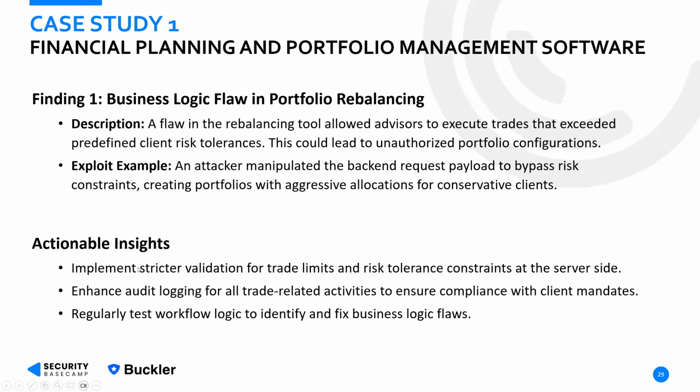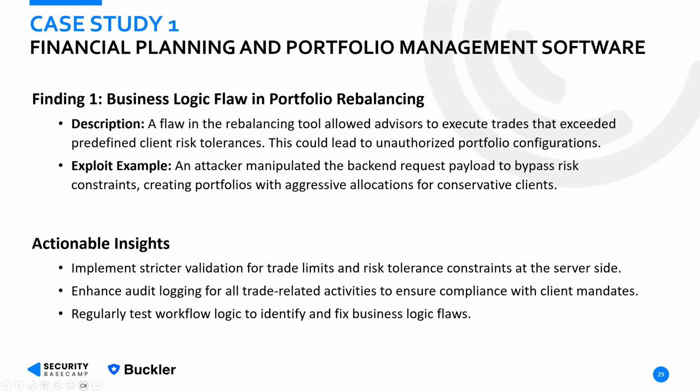So actionable insights: stricter validation for trade limits and risk tolerance constraints. We're literally truly getting into the business logic of the application and using platforms like Burp Suite Professional to do this. This is an example of a type of thing that we might discover that we could never discover with vulnerability scanning. Secondly, enhance audit logging for all trade-related activities.